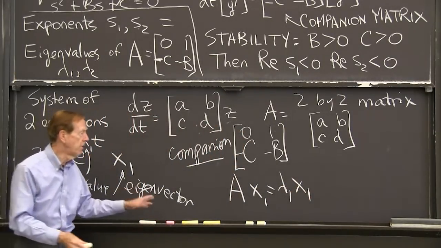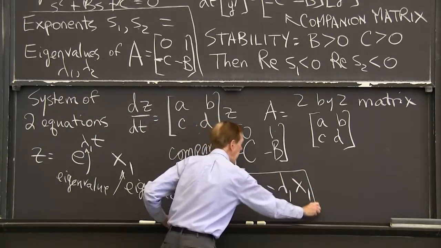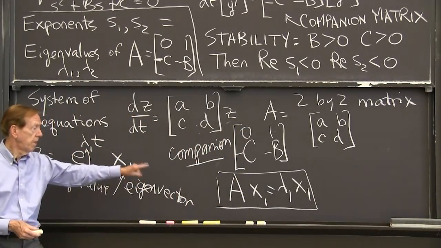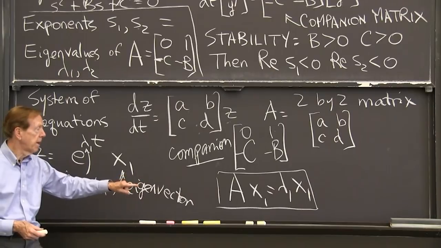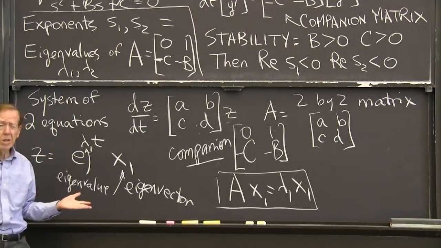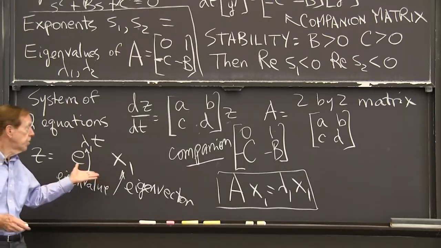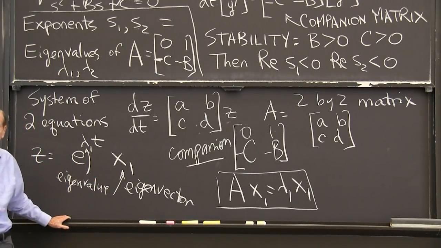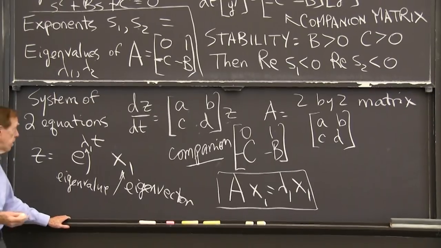Oh, well, I have a lot to say about that. But if it holds, if A times x1 is lambda 1 times x1, then when I put this in, the equation works. I've got a solution. Well, I've got one solution, and of course, for second order things, I'm looking for 2 solutions.